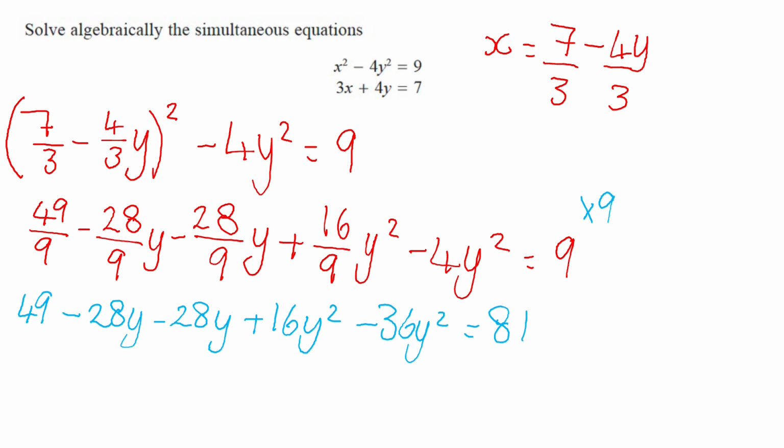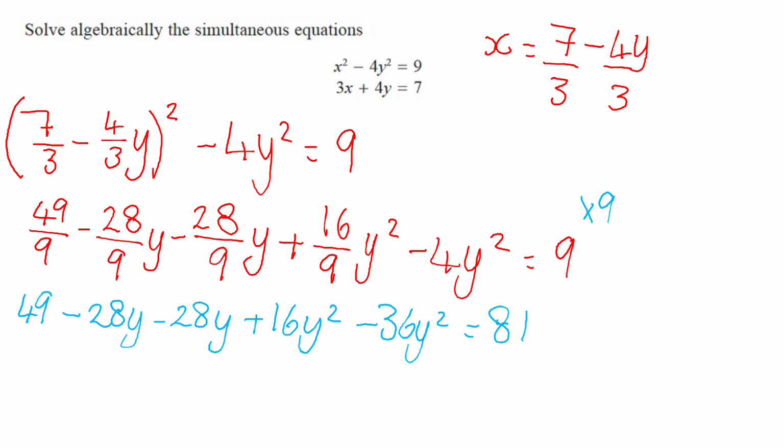Now what you're going to do is collect the like terms together, and we're going to make it equal to 0. The reason why we're going to do that is because we're going to have to find values for y. Now in a simultaneous equation question, if you have got a quadratic, you'll get 2 values for x and 2 values for y. So you'll have 4 answers overall.